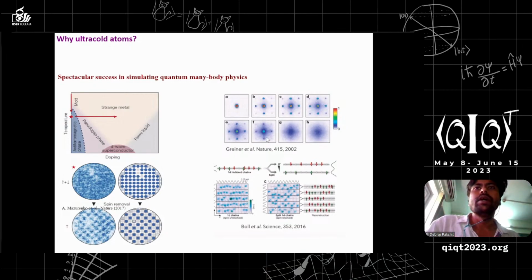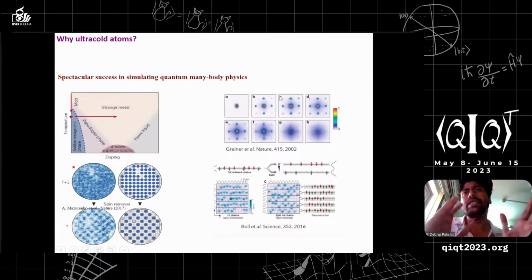For example, an early 2002 paper that created a lot of buzz was the creation of the Bose-Hubbard model. If you look at this picture, they are actually looking at the momentum distribution, not position space.